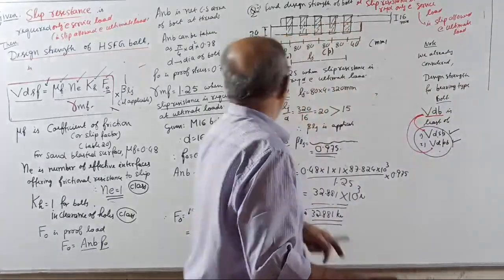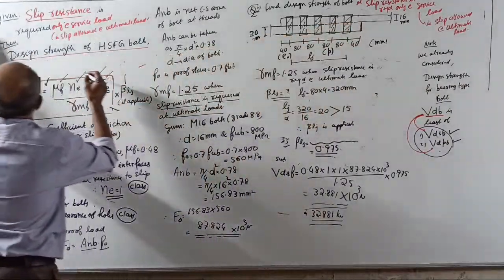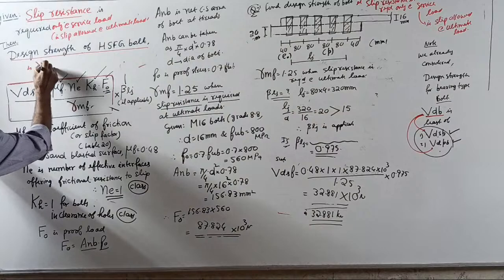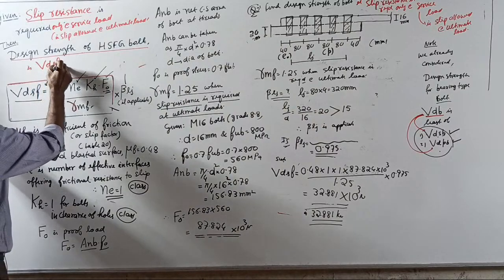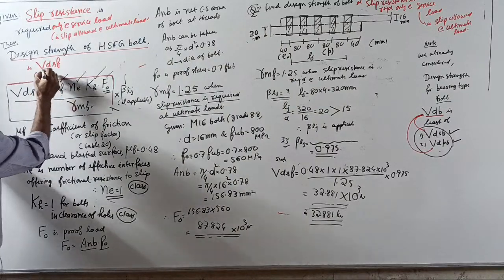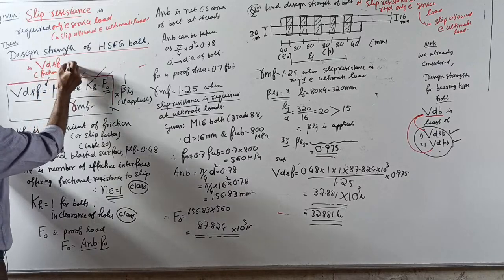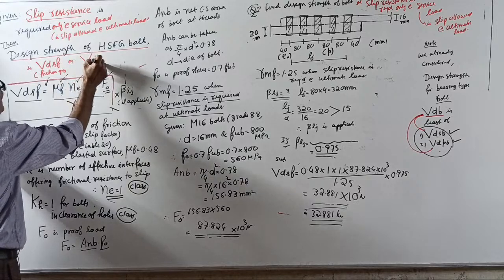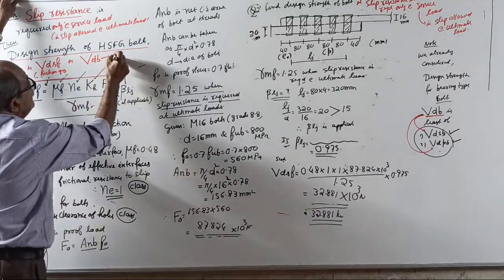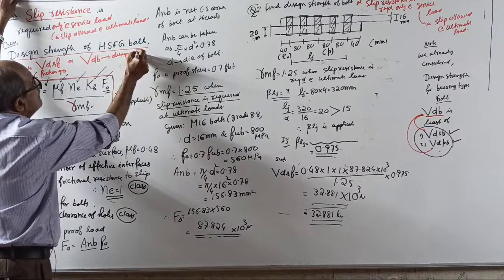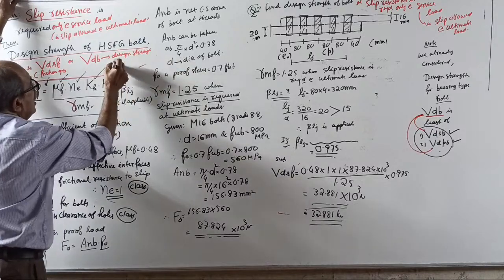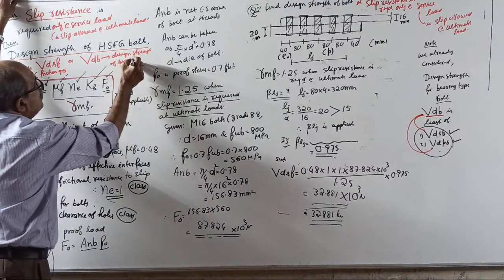Therefore, now the strength is what? Either VDSF, that is friction grip, or VDB. VDB means design strength of bearing type bolt.